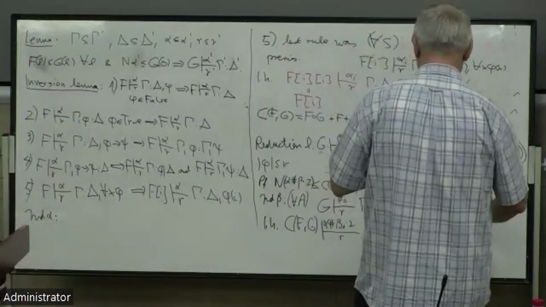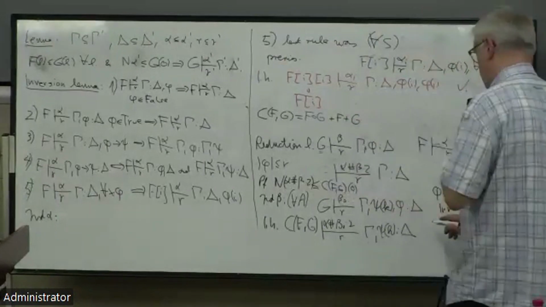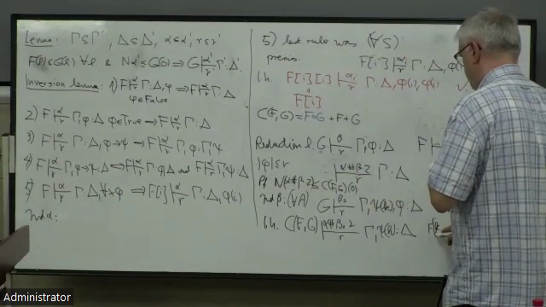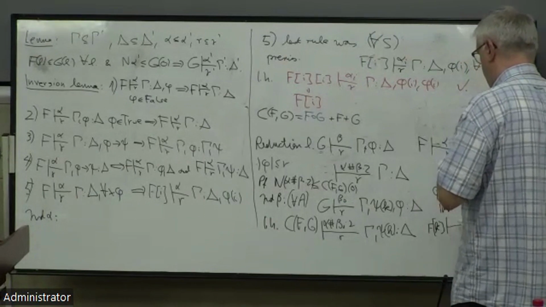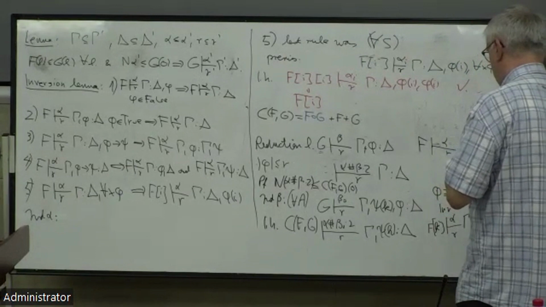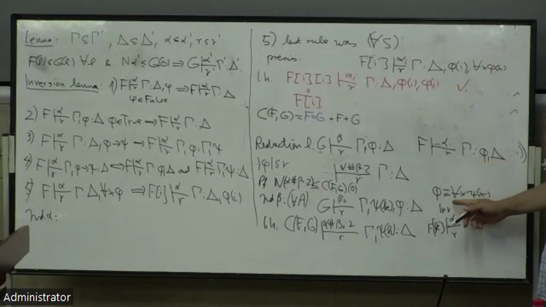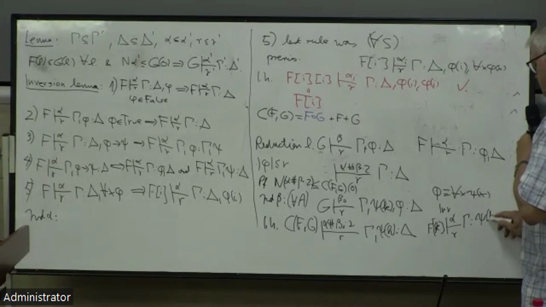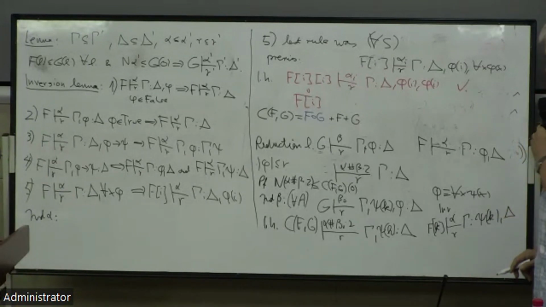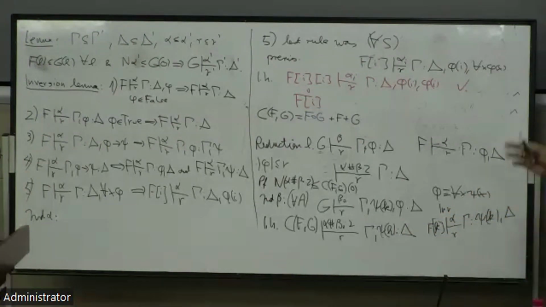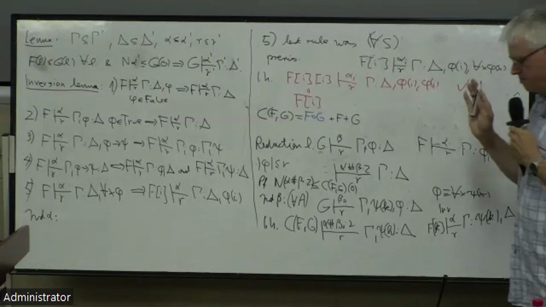So inversion gives what? We have f of k proves with alpha and r gamma, phi is this universal formula. So we have here psi of k, delta. Now we do a cut over psi of k and we are done. But that's not so clear.